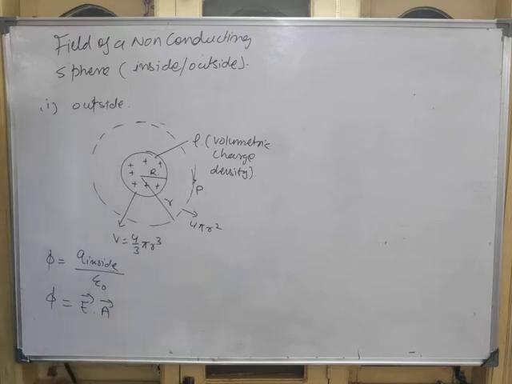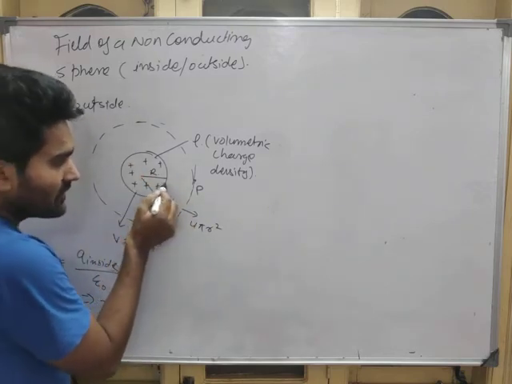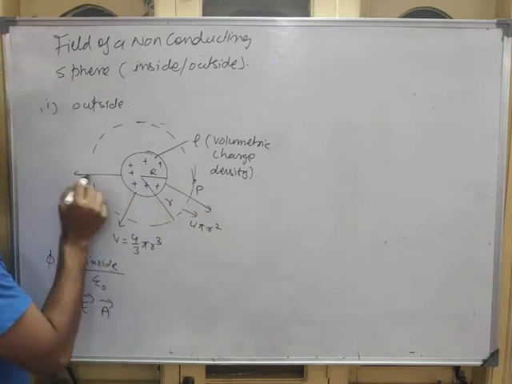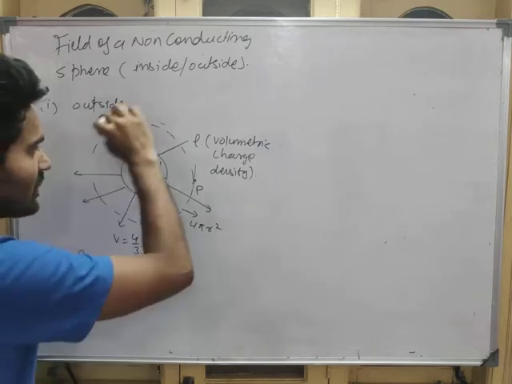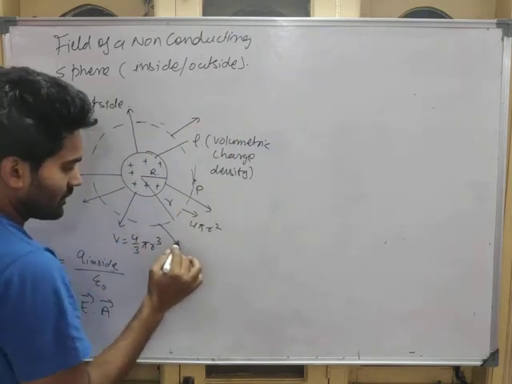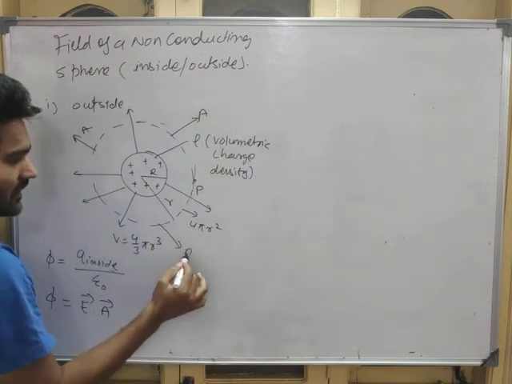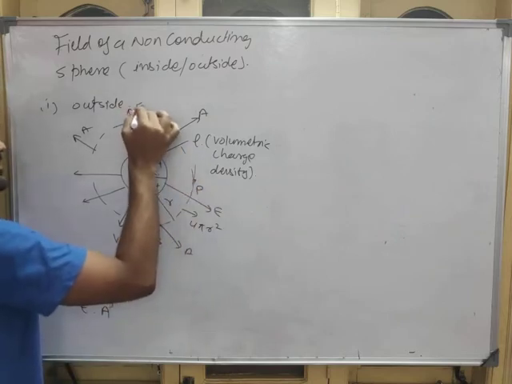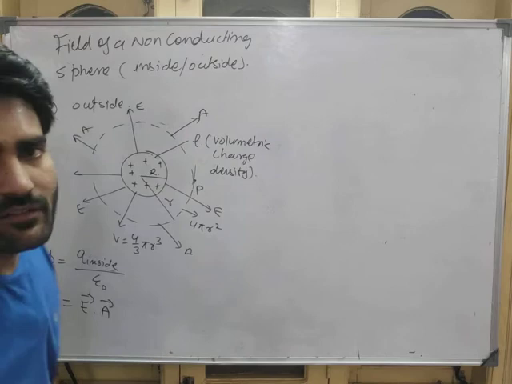If you take the field, how will it be generated? The field everywhere will be in this direction. The area vector of this outer sphere will be like this. So this is the area vector, and this is the field vector. What is the angle between the field vector and the area vector?